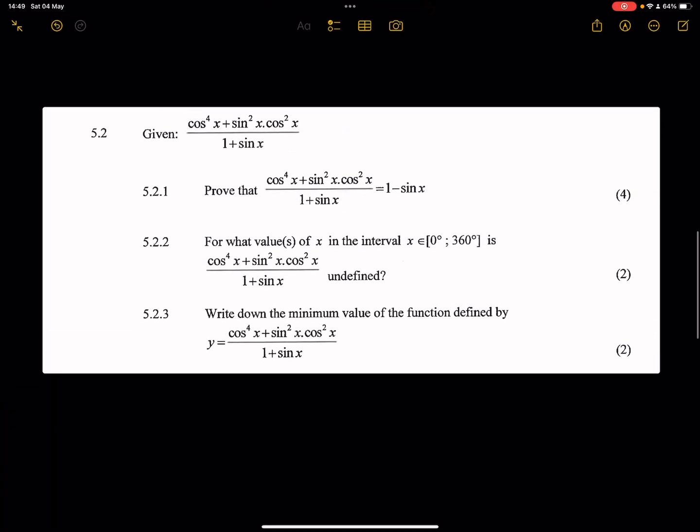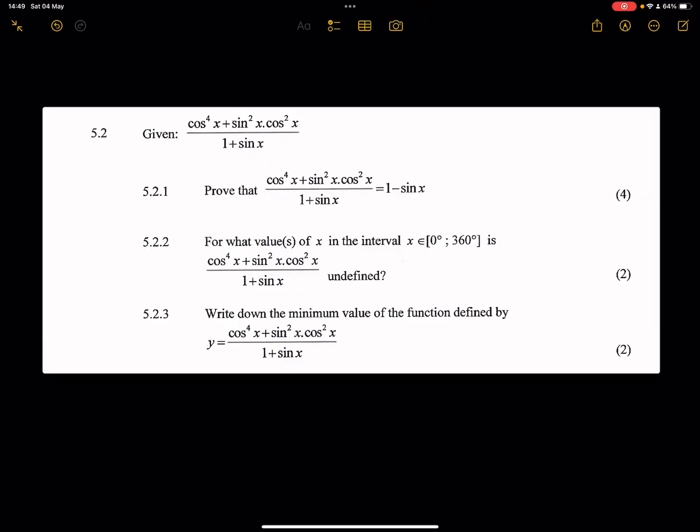Right, now for 5.2, they say given that we've got cos to the power 4 of x plus sine squared of x times cos squared of x over 1 plus sine x. Now they say we must prove that that whole expression is equal to 1 minus sine of x.